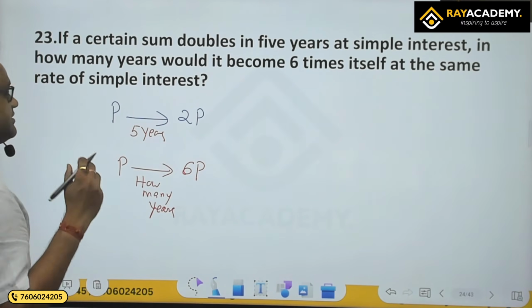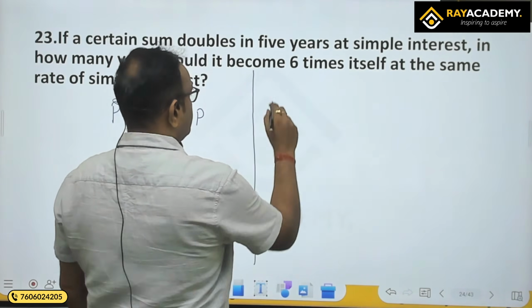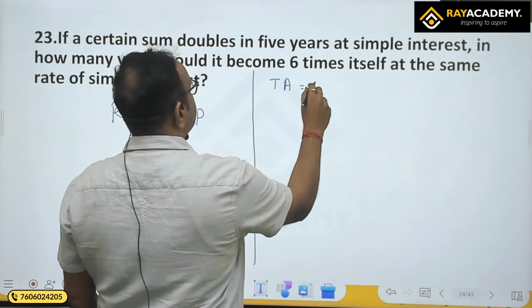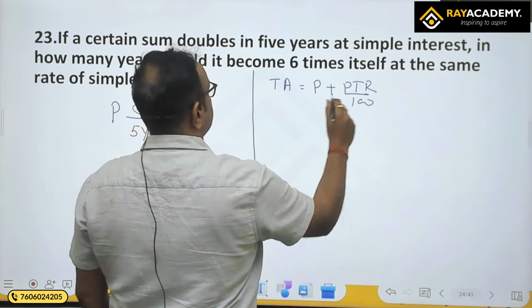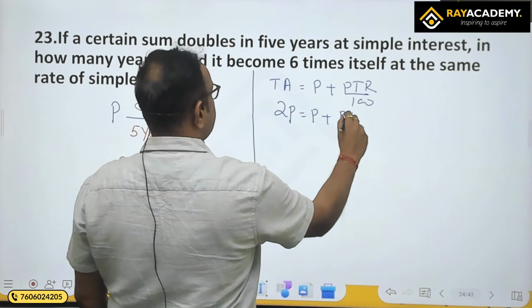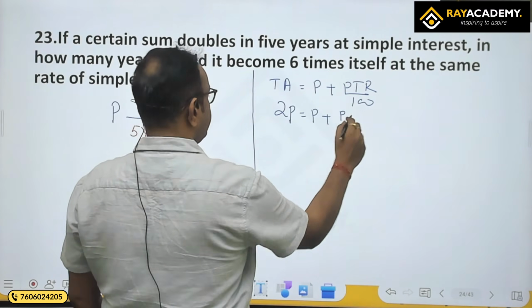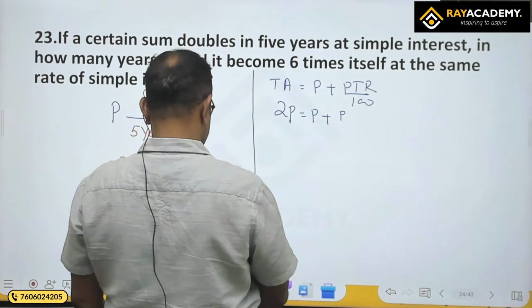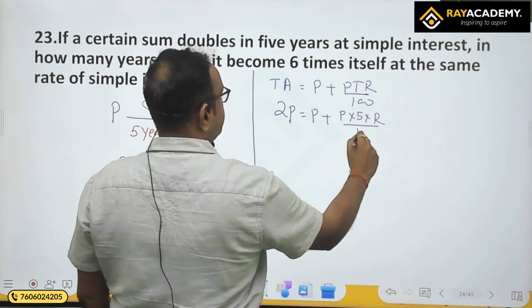For this question also we can first do the conventional approach. Total amount is P plus PTR by 100. So 2P equals P plus PTR by 100, where time is already given, so let us put 5 into R by 100.